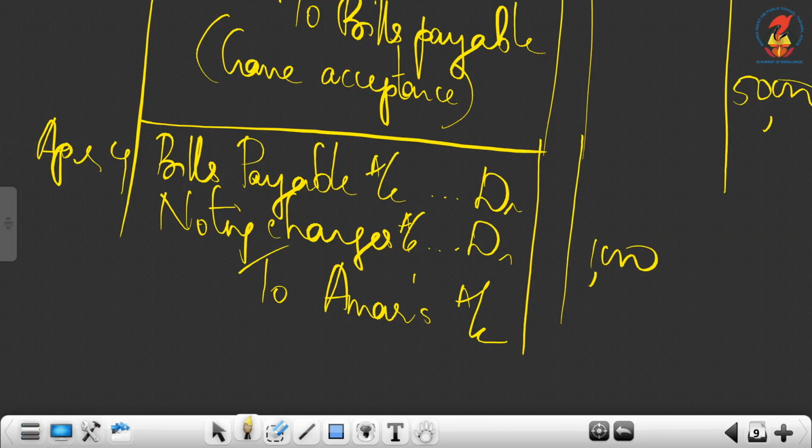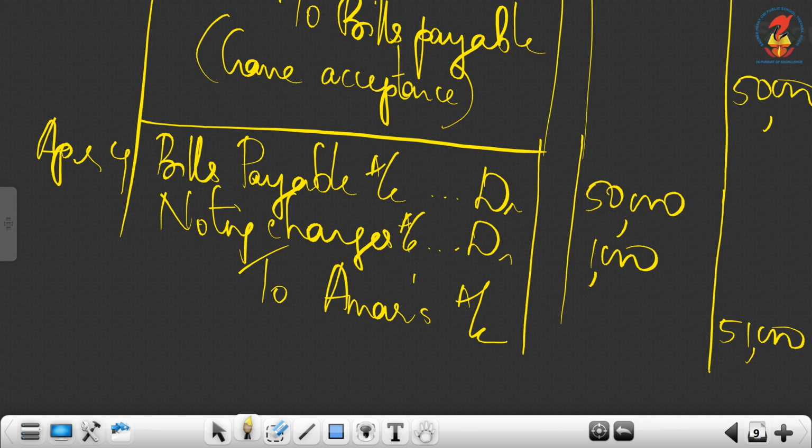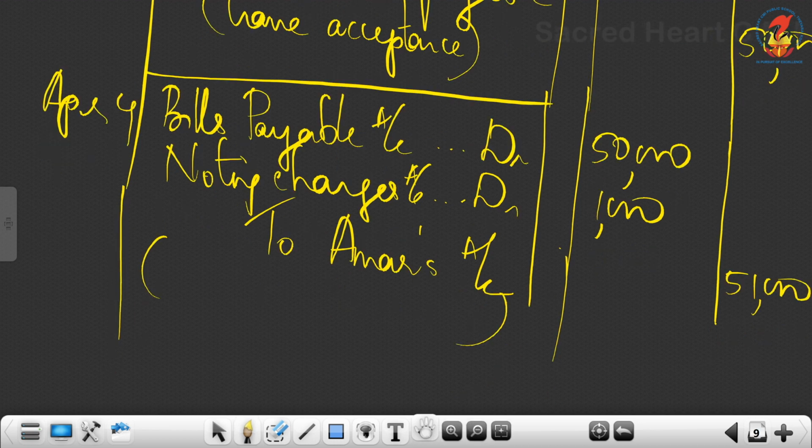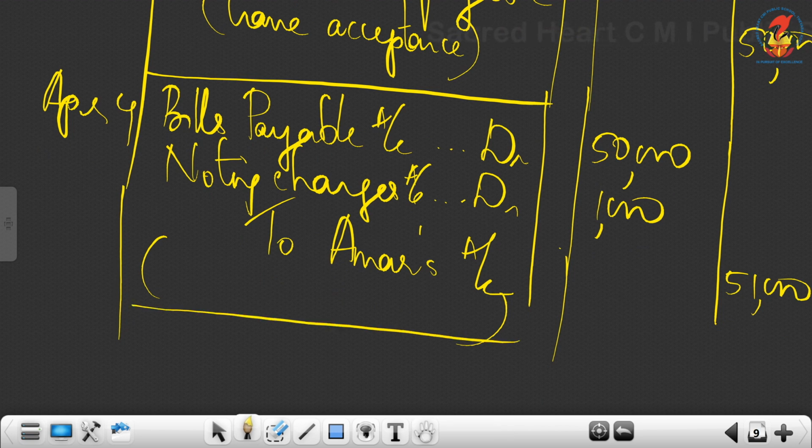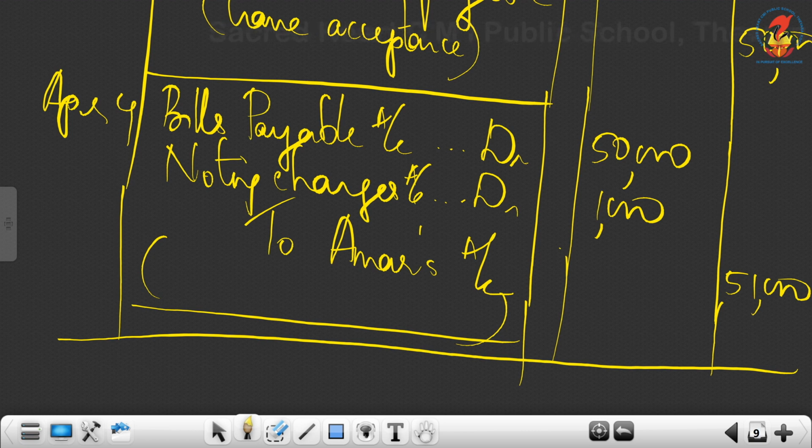Bills payable amount you can take from your previous entry, that is 50,000, and to Amar's account you can write 51,000. Narration you write bill dishonored.